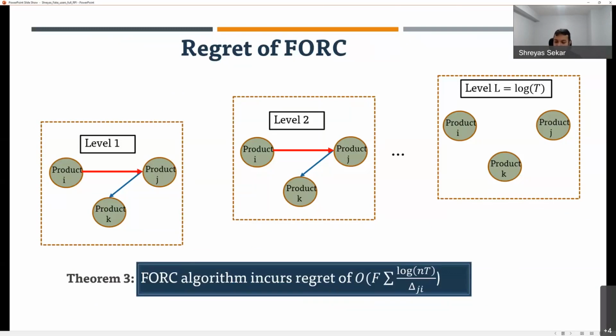But this is still much better than the UCB kind of algorithms, because remember, our bad case still happens when f is log t. So when f is log t, this goes from being, let's say, a log t regret algorithm without fake users to a log squared t algorithm, which is still pretty good because it's sublinear, right?